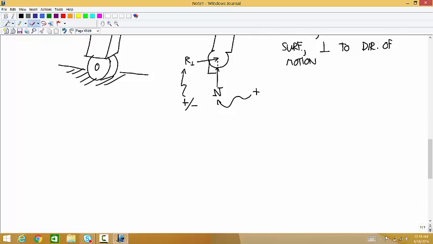Then the third category. Oh, I didn't say about the acceleration.